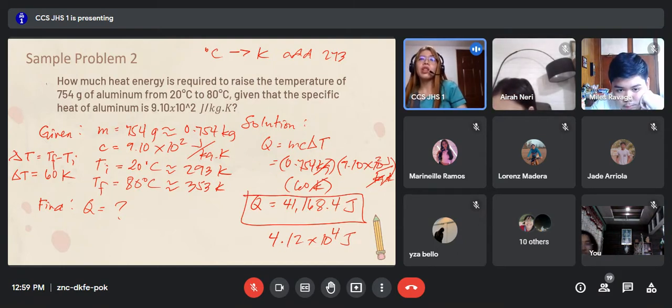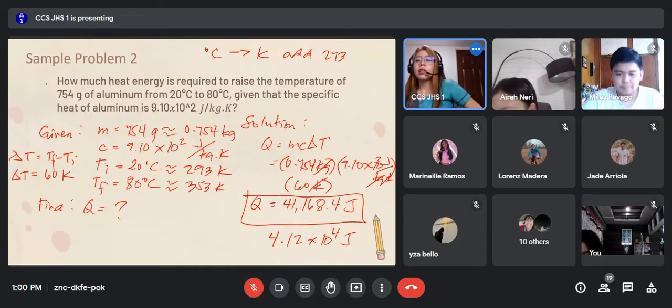If you want scientific notation, then 4.12 times 10 to the power of 4, rounded off to 2 decimal places. So that is sample problem number 2, you can screenshot.